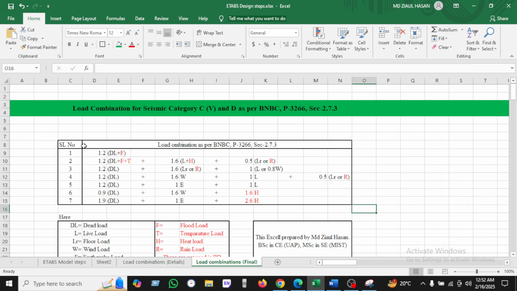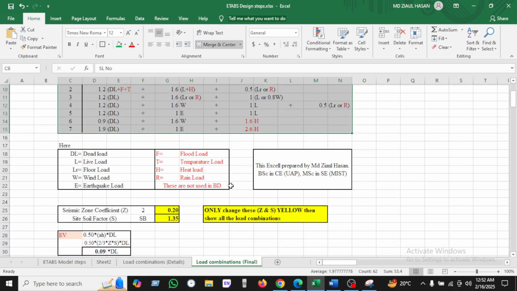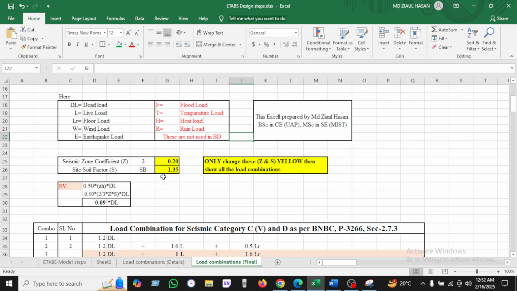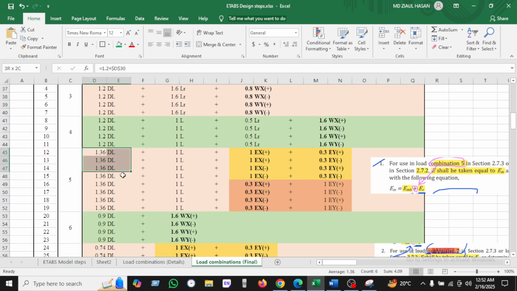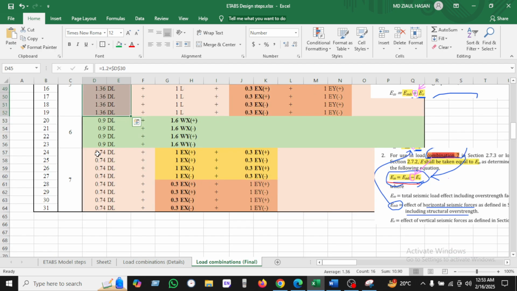Okay, so we have seen the 7 load combinations here, and if we change the value of z, such as using z of 0.36, which is severe zone 4 or severe zone 3, then the value will be changed. We see 1.16, so the value of dead load also will be changed to 1.36, and this will be 0.74.